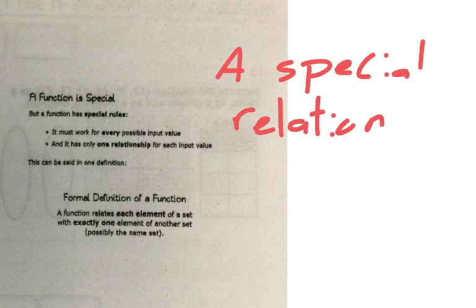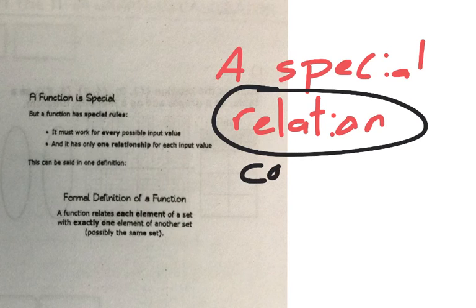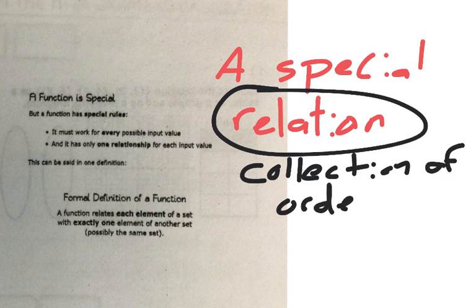Because if I start with this terminology, does anybody know what a relation is in math? That's okay. So a relation is just a collection of ordered pairs.